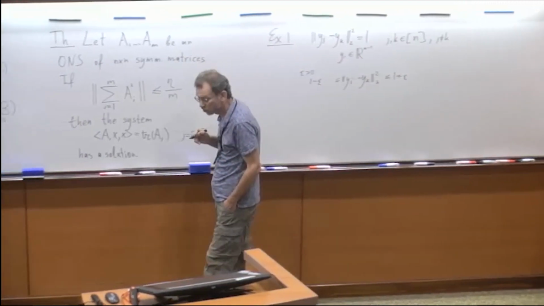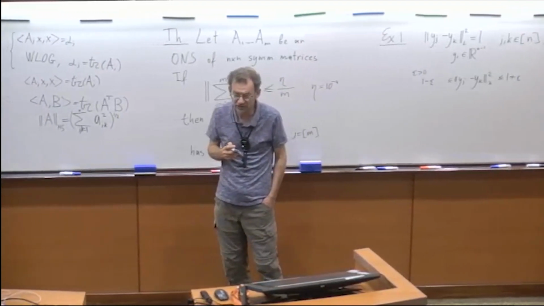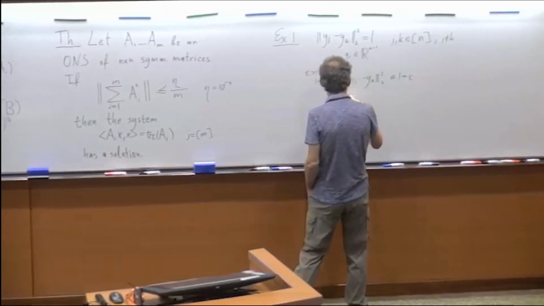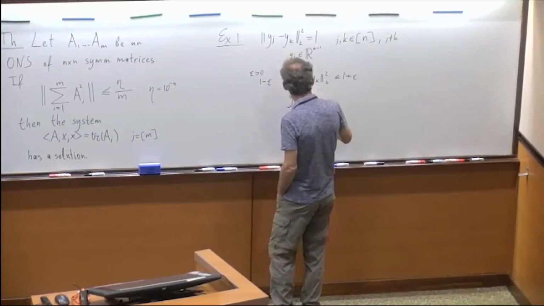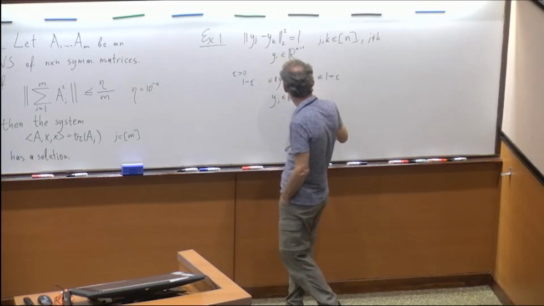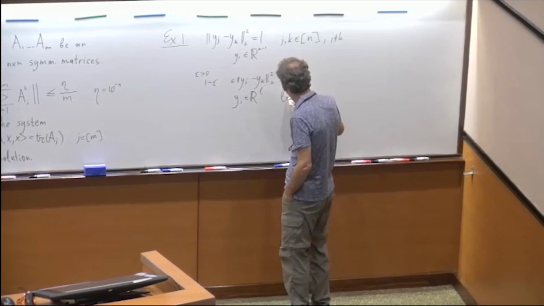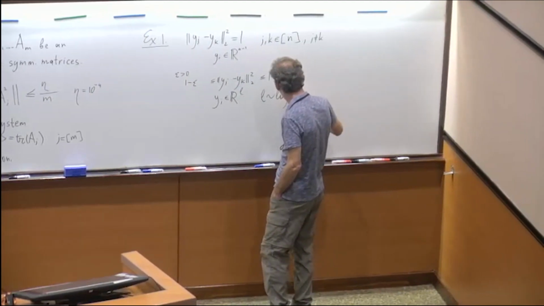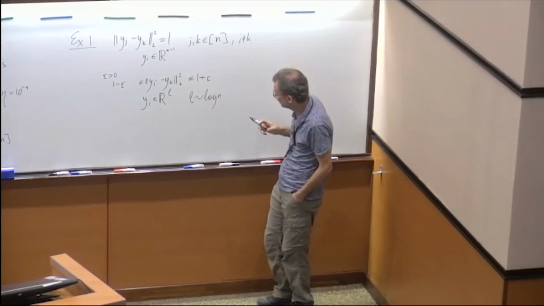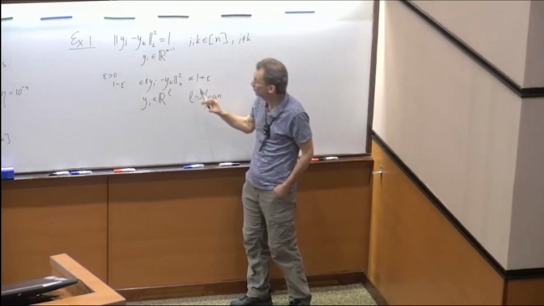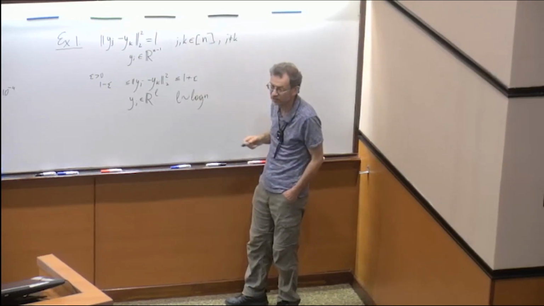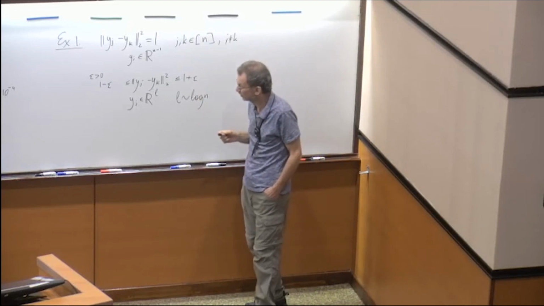In this case, we have the Johnson-Lindenstrauss lemma, which shows that such yj's exist in the space R^L, where L is about log n. So relaxing the right-hand sides a little bit drops us in the dimension in a very significant way.